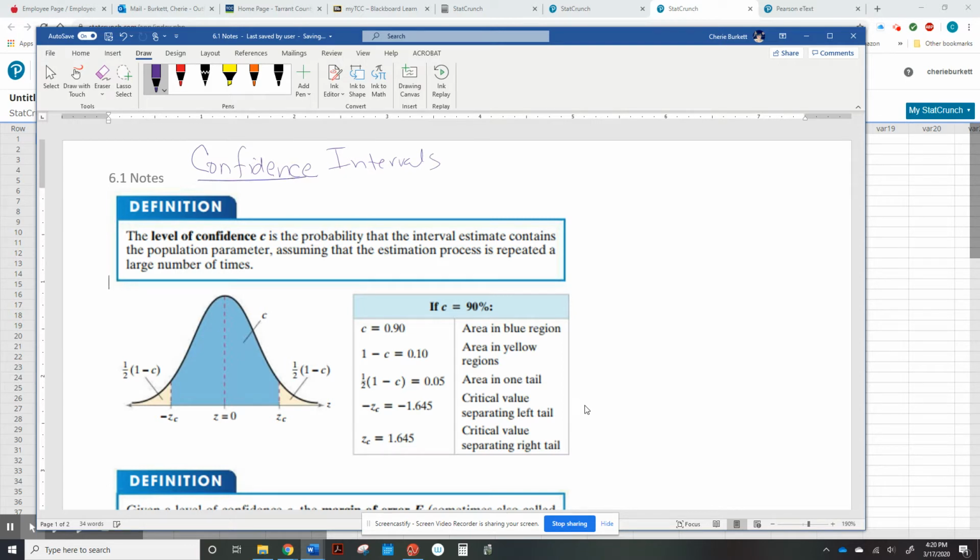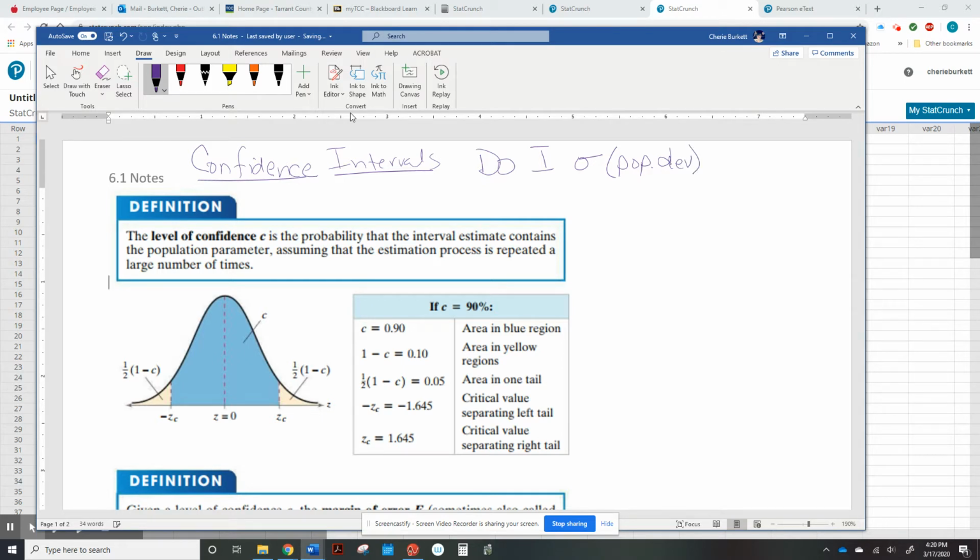And the trick to doing confidence intervals is paying attention to whether or not you know the population standard deviation. So the very first question you should ask yourself when you realize that you're doing a confidence interval is, do I know the population standard deviation? Do I know sigma, the population deviation?